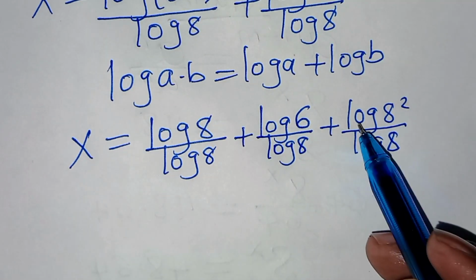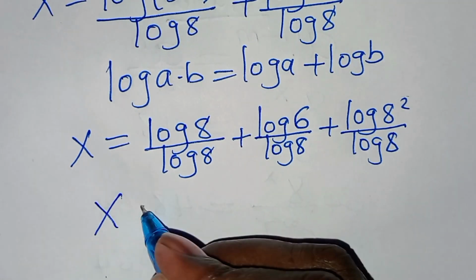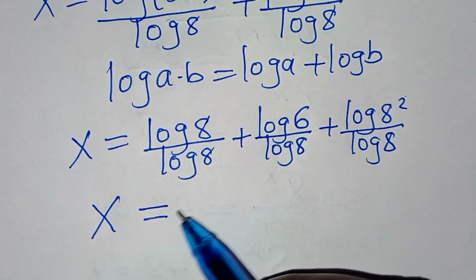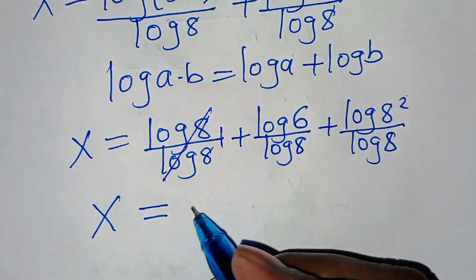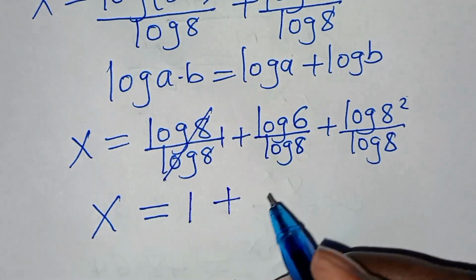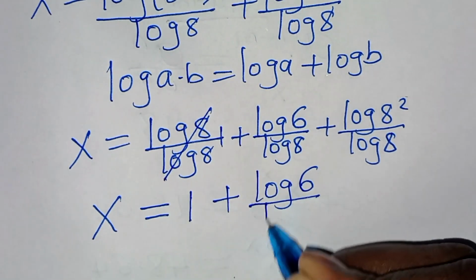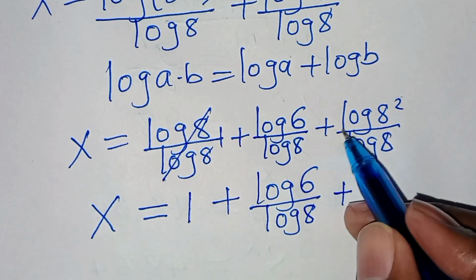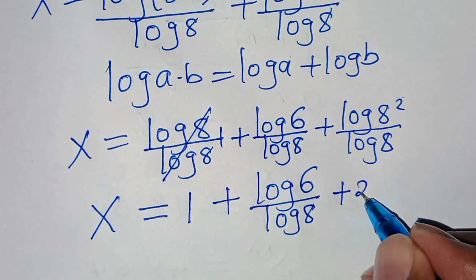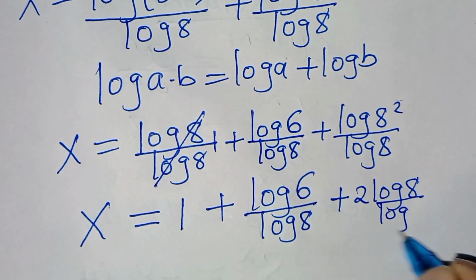Now, from what we have here, log 8 to the power 2, applying the power rule property, we can transform this as 2 log 8. Now, here we have log 8 and log 8. This simplifies, so this is 1. We have 1 here, plus log 6 over log 8, then plus 2 log 8 over log 8.